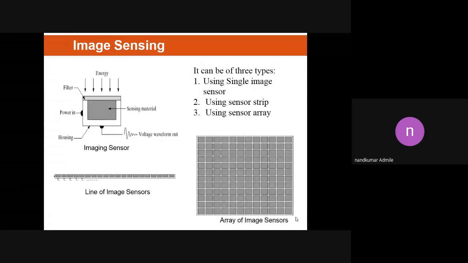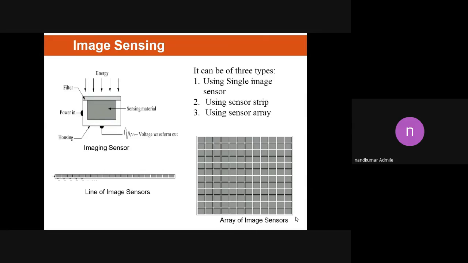But the disadvantage of the sensor strip is that it cannot cover 100% of the image. So we connect n number of sensor strips to each other and form one array, one square box. This is called a sensor array. By using a sensor array, we can capture the maximum part of the image.